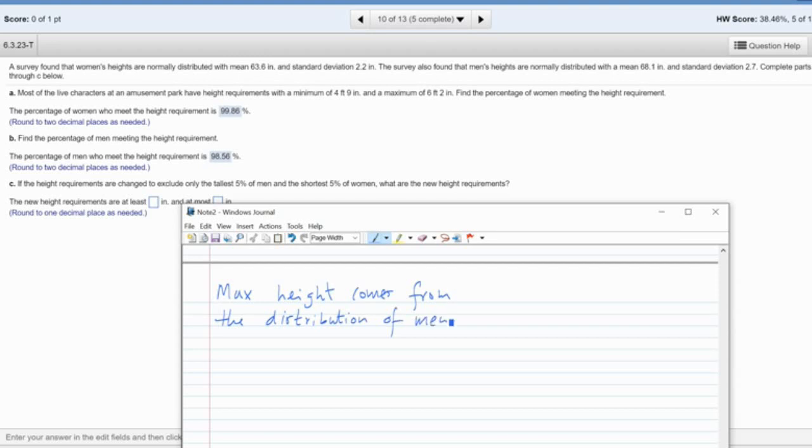We use that distribution to find the maximum height. This is the men's height. For the men, mu is 68.1 inches and the standard deviation is 2.7 inches. So where is the tallest 5%? Here is the tallest 5%.